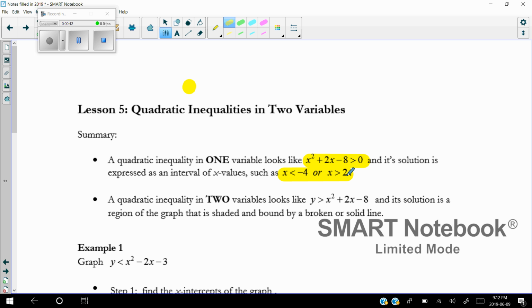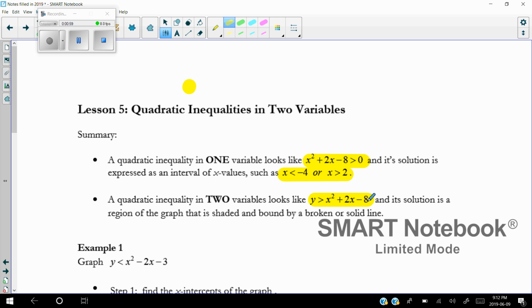The difference between last class and this class is now we have an inequality with two variables. It's not an equation because there's no equal sign, but it's an inequality with a y and an x, something like y is greater than x squared plus 2x minus 8.